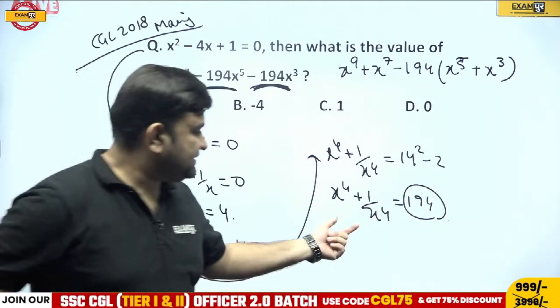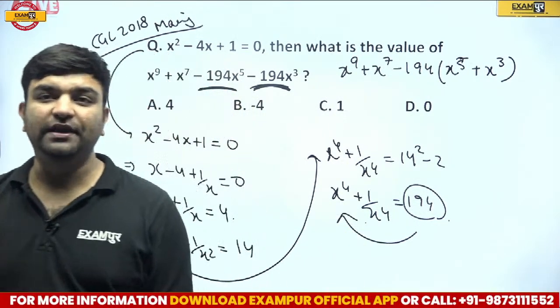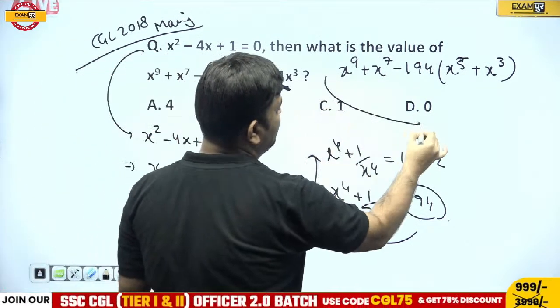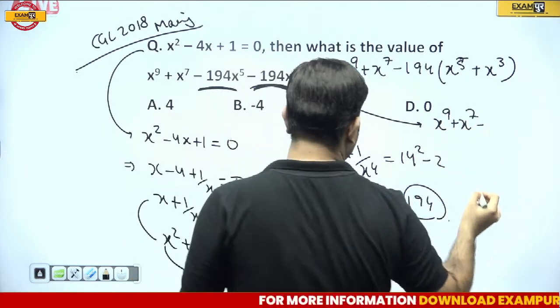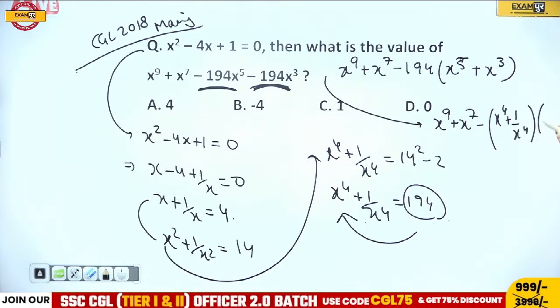If I put this as x to the power 4 plus 1 upon x to the power 4, I believe that none of you will mind. Minus x to the power 4 plus 1 upon x to the power 4 into x to the power 5 plus x.